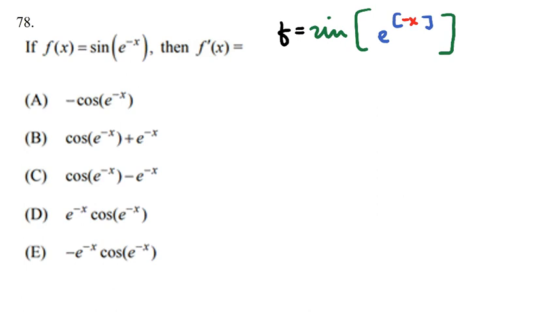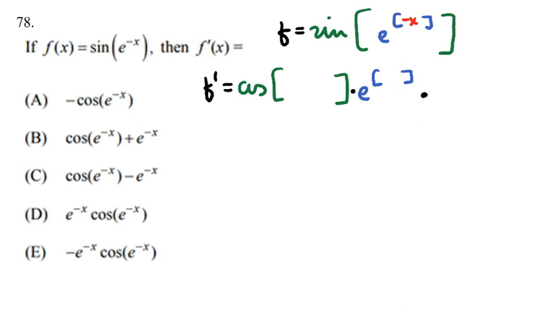So the derivative is going to be, I'm going to start with the derivative of the outside. That's the derivative of sine. I'll leave the inside the same. Then I'm going to multiply by the derivative of the next layer. e to the u is its own derivative, so that'll be e to the thing. And then I multiply by the derivative of the innermost thing.